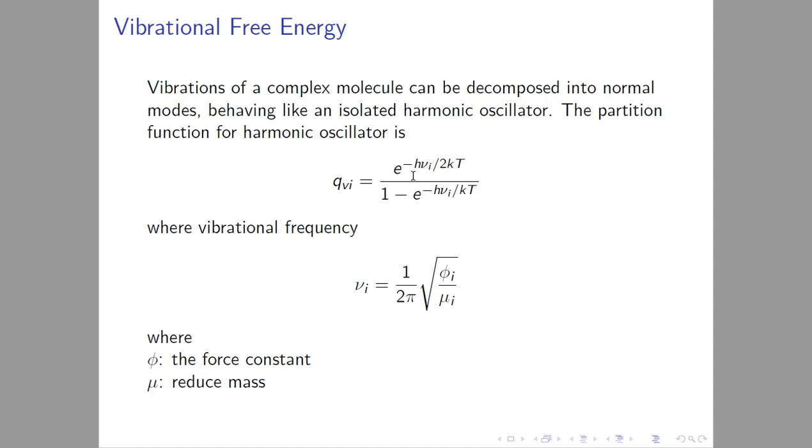Q_VI equals exponential of minus h nu_I over 2kT, over 1 minus exponential of minus h nu_I over kT, where nu_I is the vibrational frequency, related to the force constant and the reduced mass of A and B.